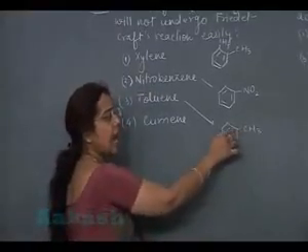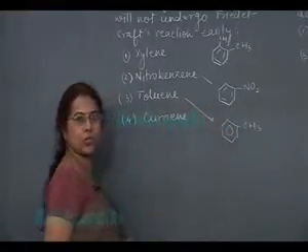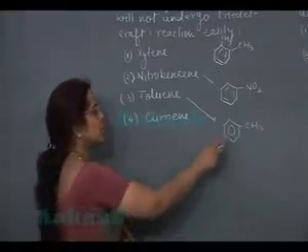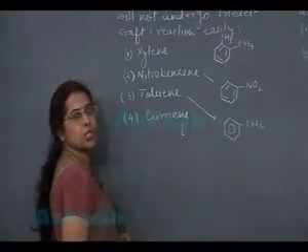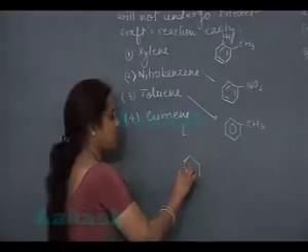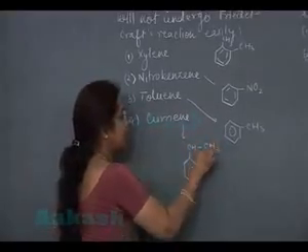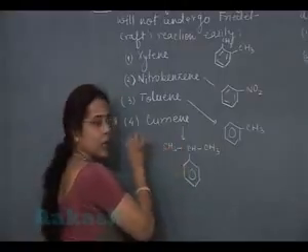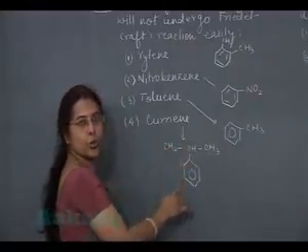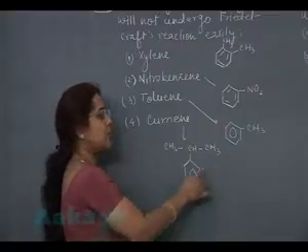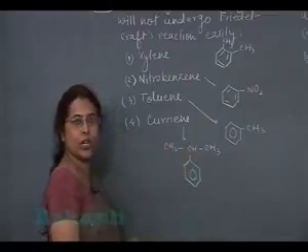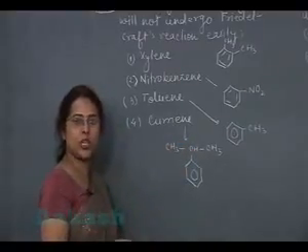So again, ring activating group, electrophilic substitution reaction will proceed smoothly. Fourth option is cumene. The structure of cumene is like this: isopropyl benzene. Isopropyl group is also a ring activating group. It means here also the electrophilic substitution reaction will proceed smoothly.